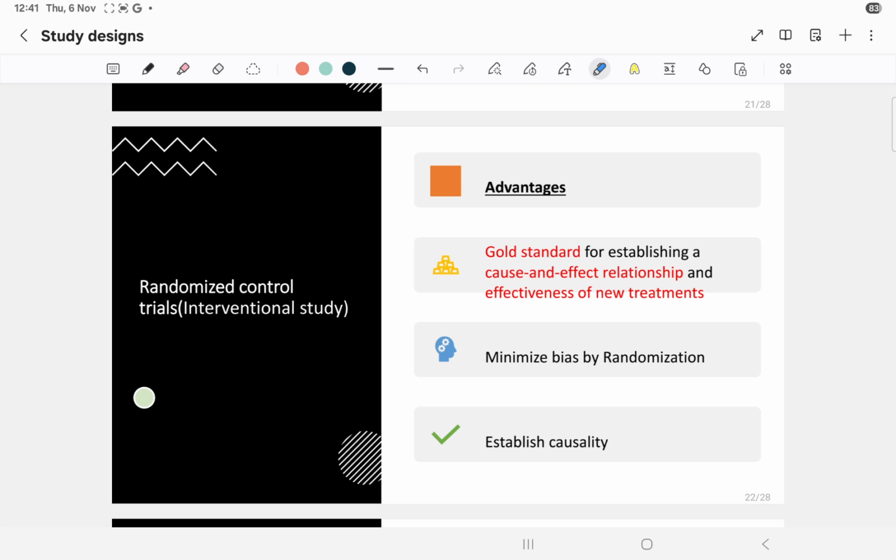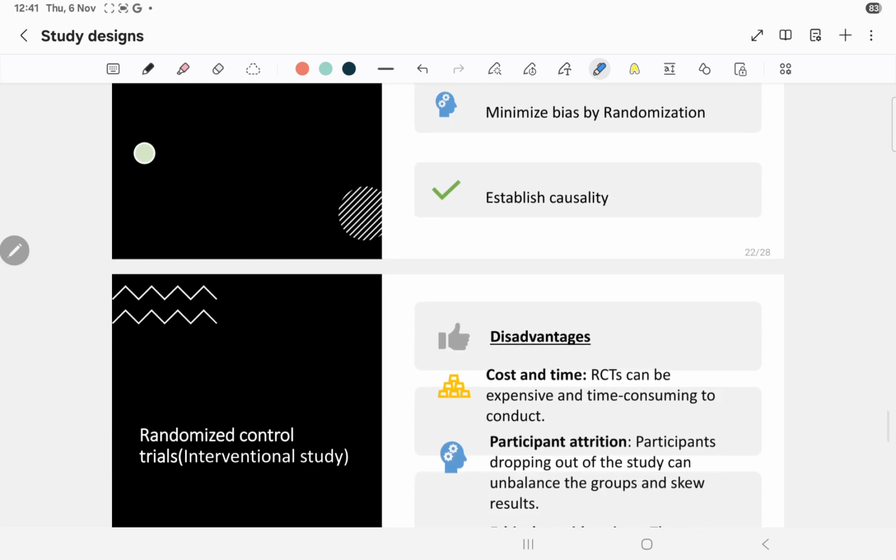So we want to minimize the bias by randomization, allocation concealment, or blinding. We will discuss that. These kinds of studies establish causality. Causality means whether the drug is effective or not, basically, right? So it establishes the causality between the new drug and the effectiveness.